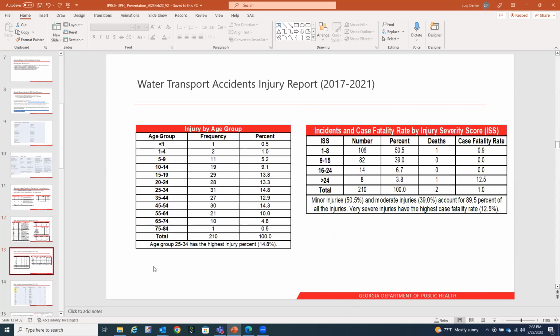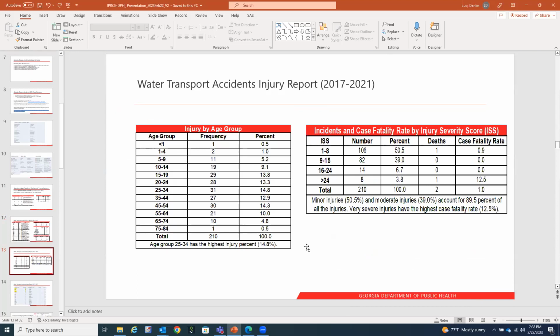Here, the left table shows the injury by age group. We can find that age group 25 to 34 has the highest injury percentage. The right side is the incidence and the case fatality by injury severity score, ISS.